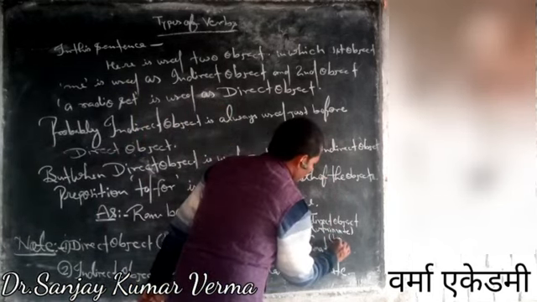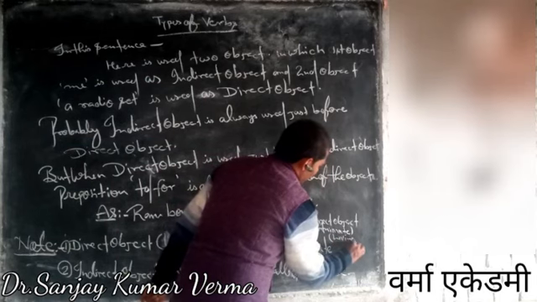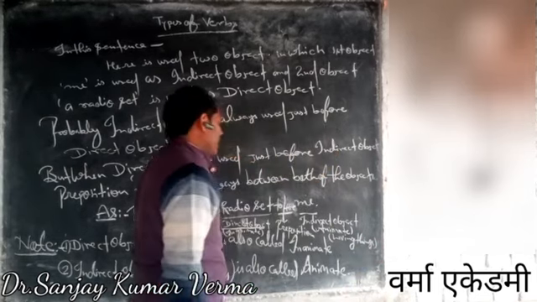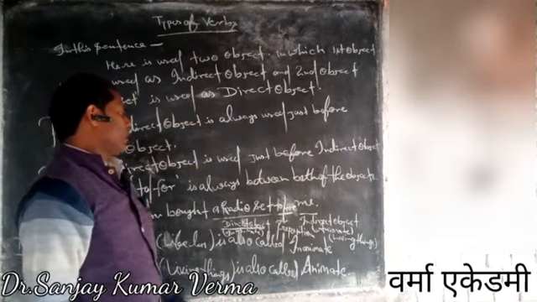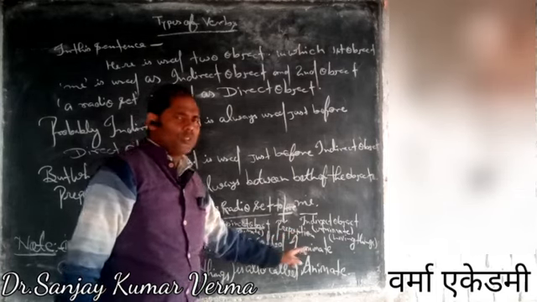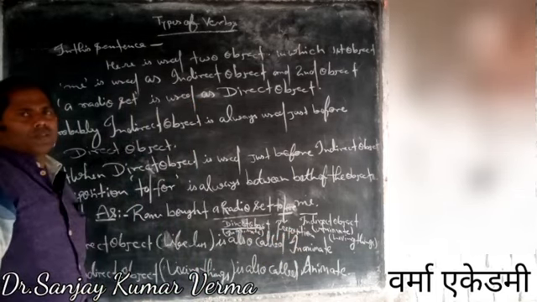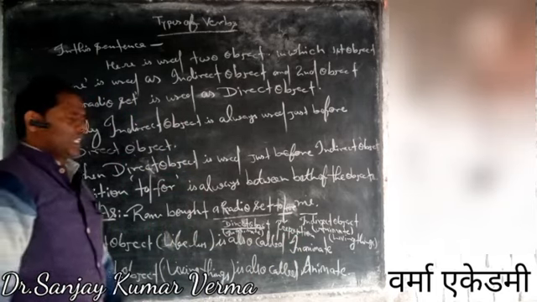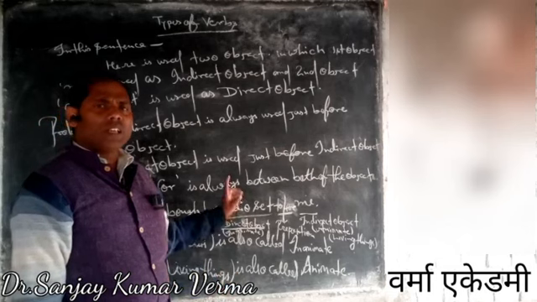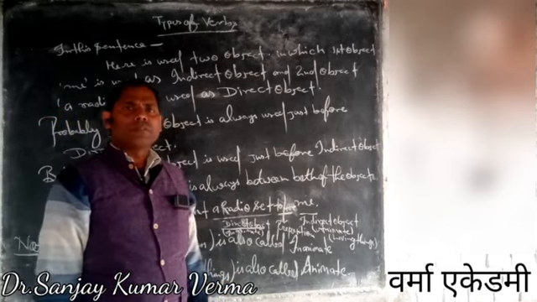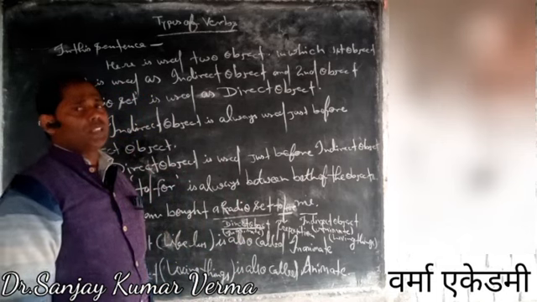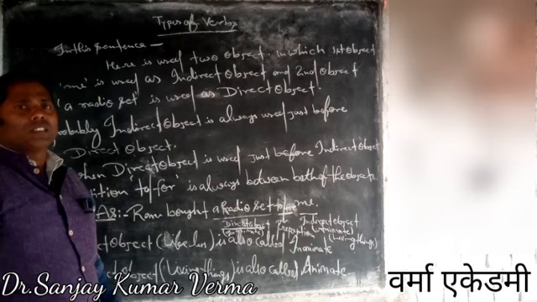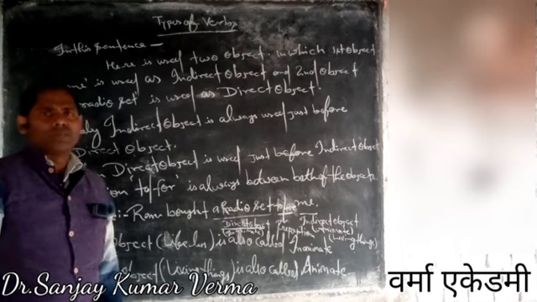And to or for is used as preposition. Always remember this point, that when indirect object is used just before direct object, the preposition to or for will not be used between both of them.